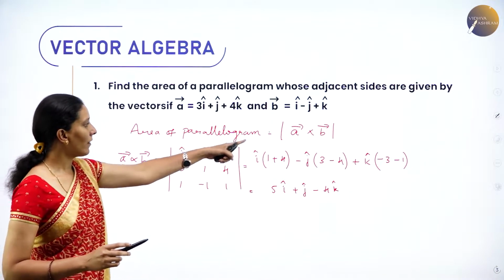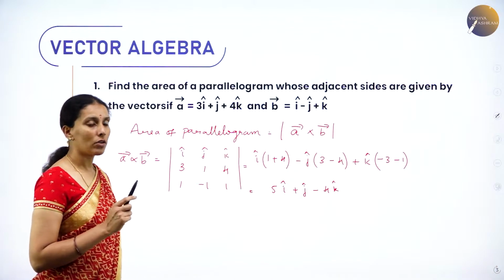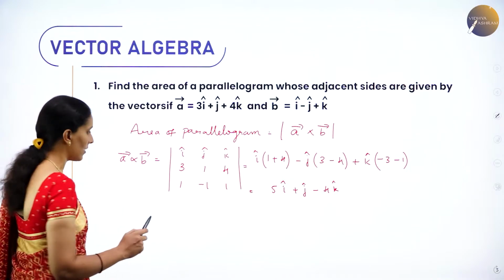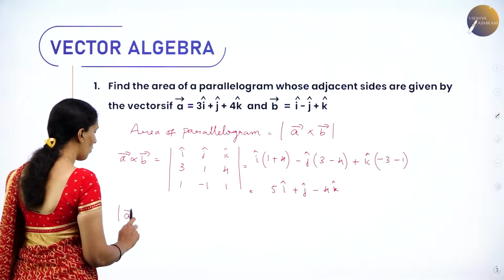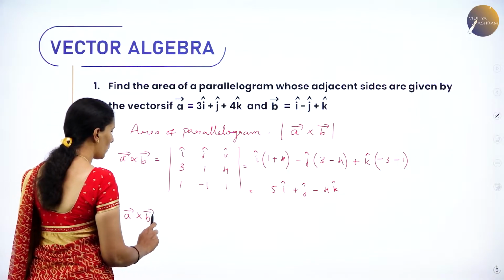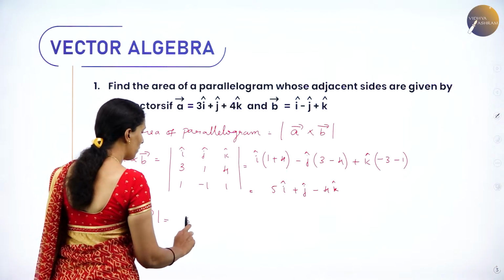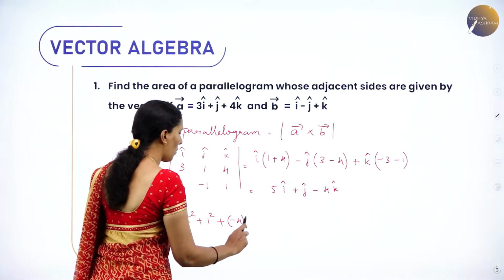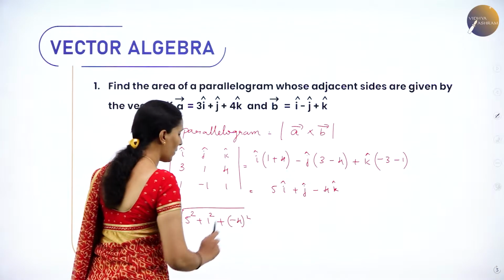But area of parallelogram is the modulus, or we can say the magnitude of A cross B. We need to find out the length. So therefore magnitude of vector A cross vector B is equal to 5 square plus 1 square plus minus 4 whole square under the square root.